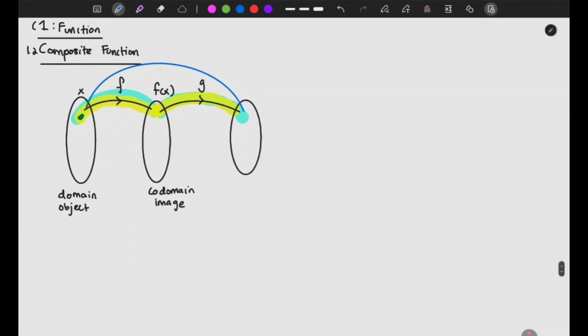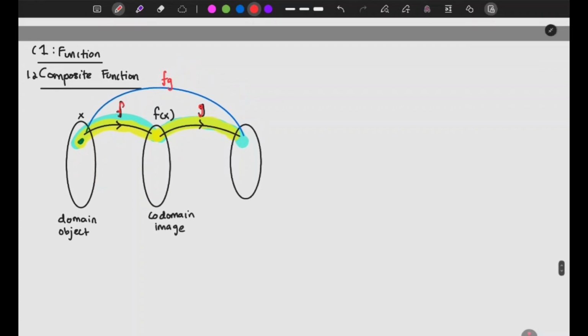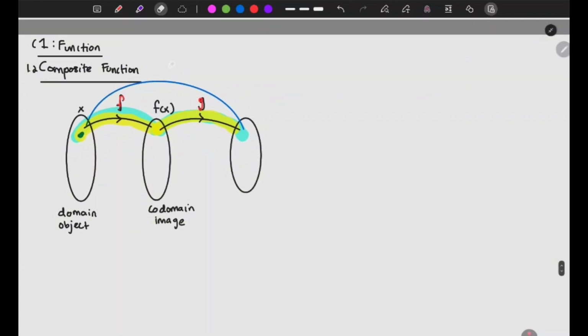If this is f and g, most of people, from what my ex-student says, they will say fg, but the answer is wrong. Yes, I know you cross the f and then the g, but it's reverse. It is gf. Always the first at the left and the second at the right. It always goes in this direction.